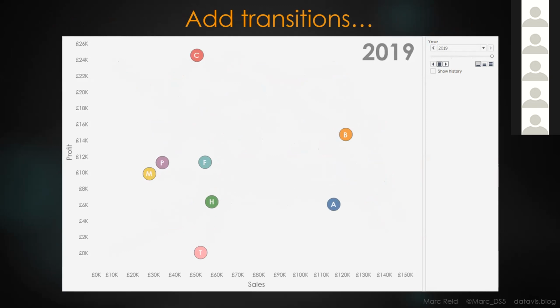So these transitions are really powerful, and I think especially when you're presenting this kind of information where you are moving marks around the screen like this and scatter plots and so on, it can make a huge difference to the audience in terms of trying to follow the story that you're presenting. They're so powerful, in fact, in terms of this pre-attentive attribute of motion, we can actually remove the other attributes.